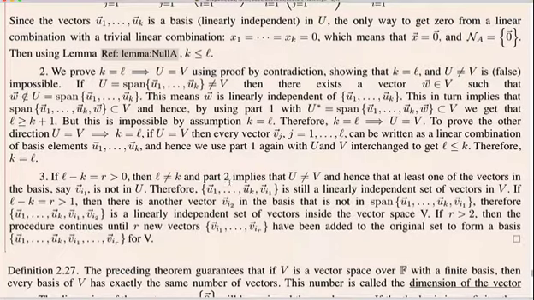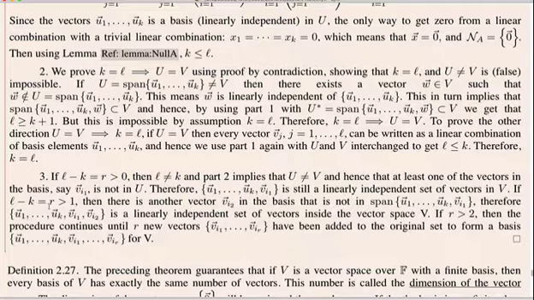And then part 2 implies that U is not V. That means at least one of the vectors in the basis, say vi1, is not in U. So if we add to the k U basis vectors this vector vi1, which is not in U, then this is still a linearly independent set of vectors in V.